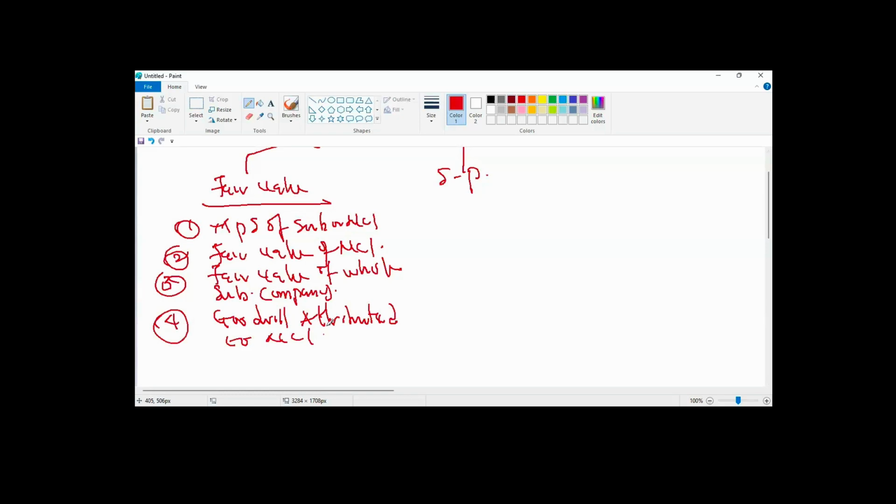Share of proportionate does not have issue. It is used when the question is silent, and 2, company policy. The 2 and 3, students used to mix them together. They don't understand the 2 and 3.